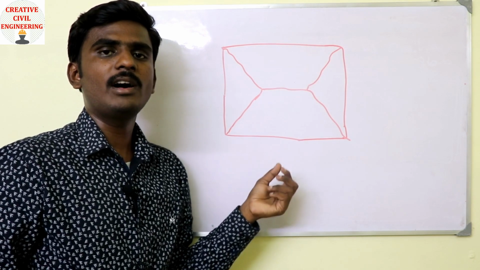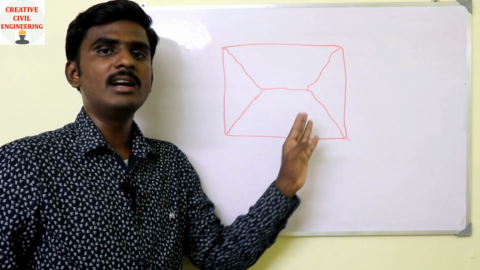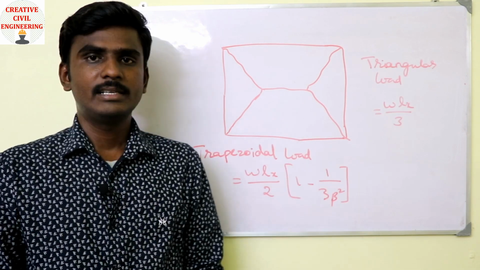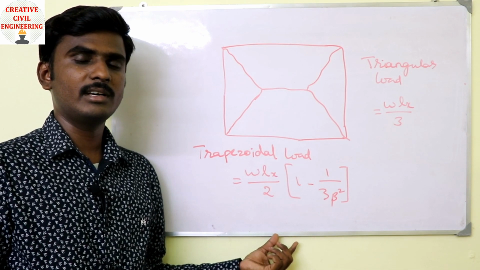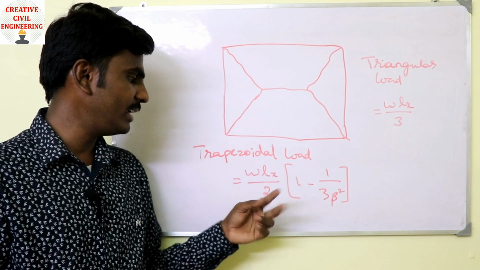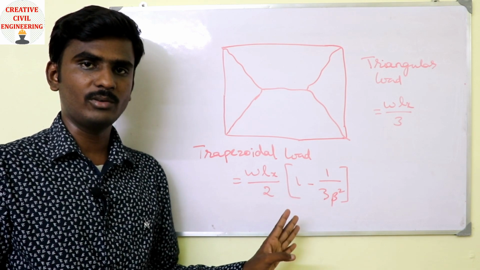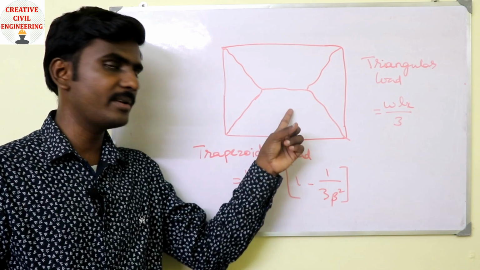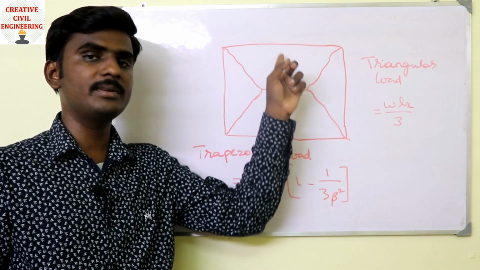Okay, we have formulas to distribute the load from the slab to the beam corresponding to the two shapes. See, here we have two shapes and also the formula corresponding to the shapes. Trapezoidal load can be calculated by W Lx by 2 into (1 minus 1 by 3 into beta square). This is the formula for calculating the trapezoidal load, which will be transferred to the beam near the trapezoidal portion.